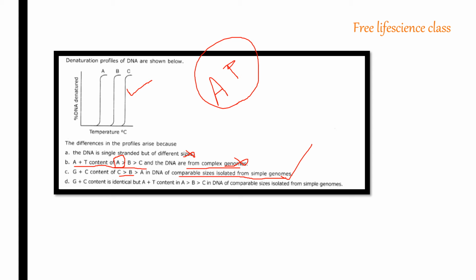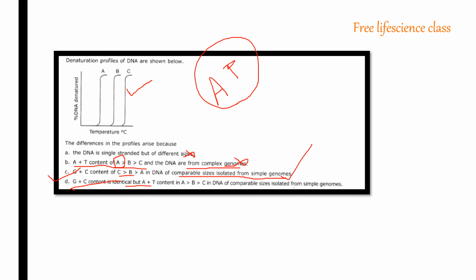The fourth option is G plus C content is identical, but A plus T content in A is greater, B is greater than C in DNA of comparable size isolated from simple genome. If GC content is the same, then the melting temperature should be the same. So the option for this question is option C.